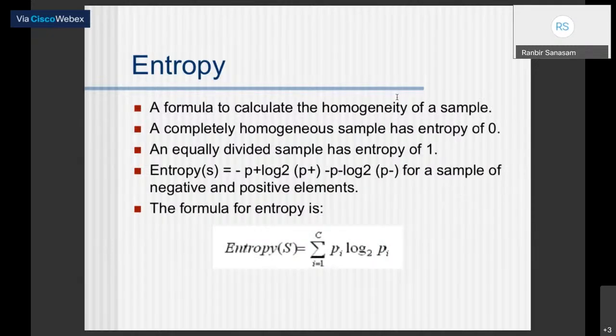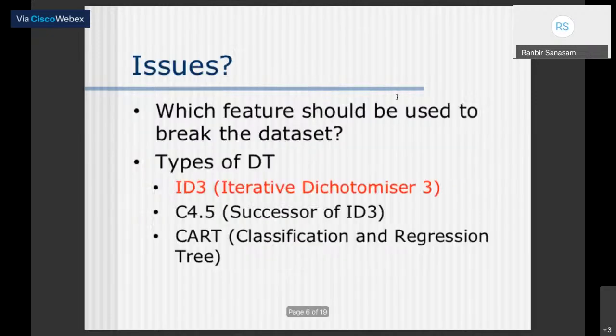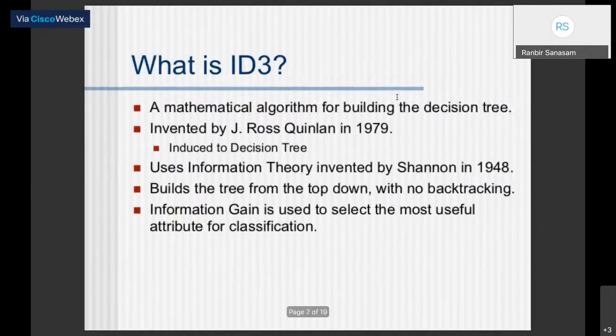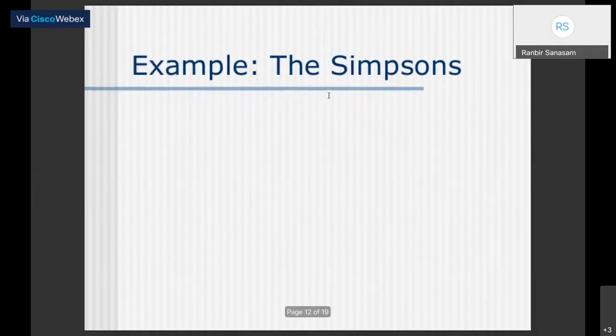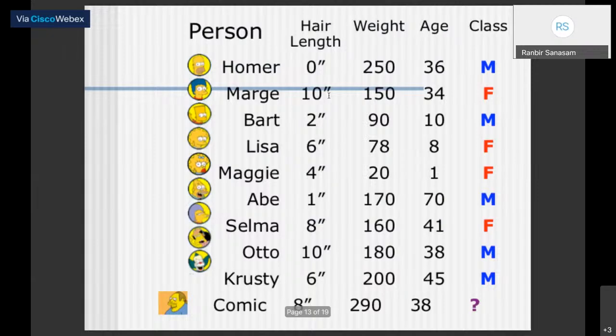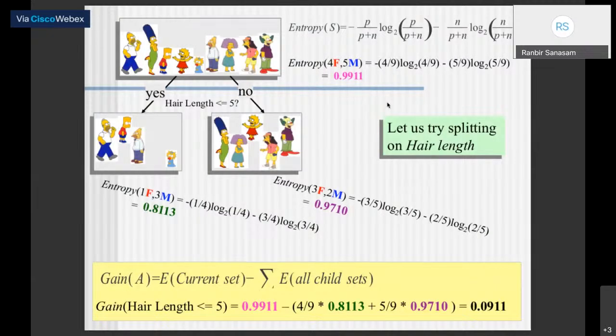In the tree, we use something called information gain, and I will briefly try to explain this. How do we divide?